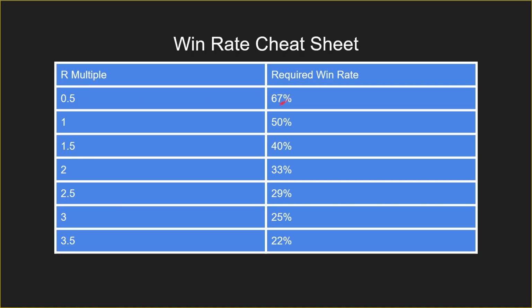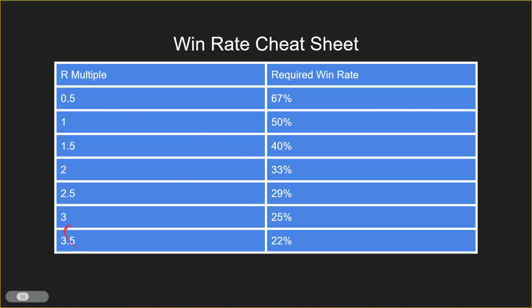You would need to win 67% of your trades in order to be profitable. If you have a 1-to-1 ratio, you need to win 50% in order to break even. A 1.5 R multiple, risk to reward multiple, you need to win 40%. 2 risk to reward, you need a 33% win rate, and so on and so on.